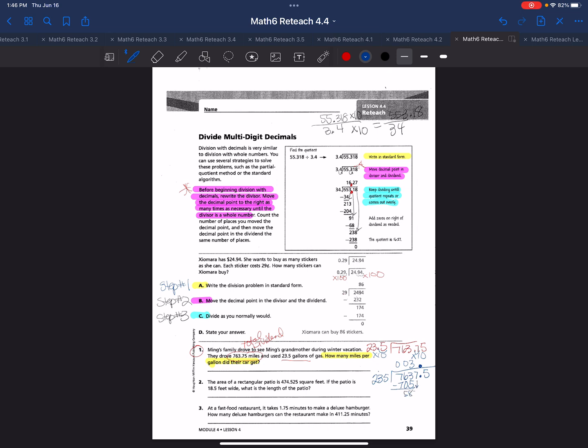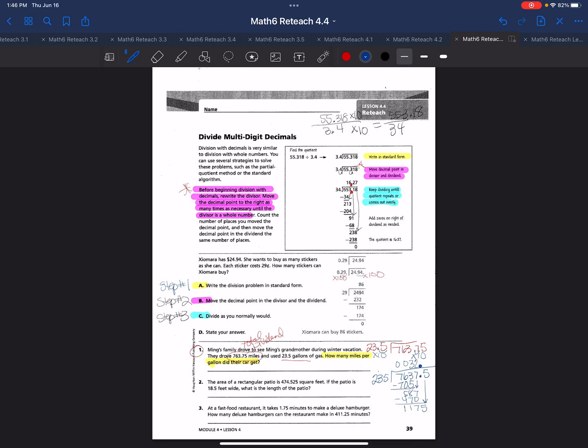Bring down the 7. Can 235 go into 587? 2 times, make sure you're lining up your digits. 2 times 235 is 470. Subtract. I get 117, and that's not enough, so I have to bring down the 5.